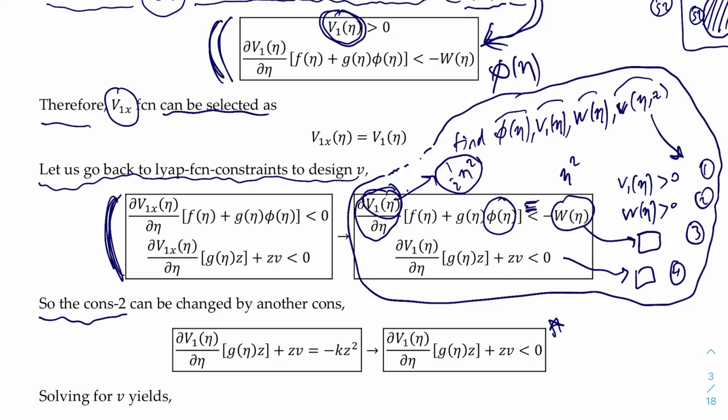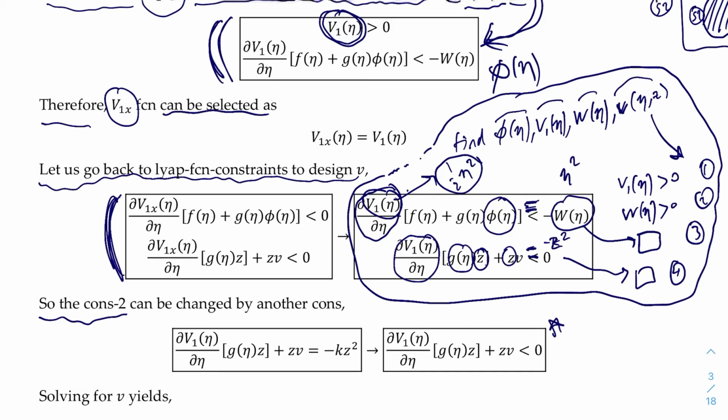Okay. And again we can make it equal to minus k, and k is a positive number, or maybe just minus z square. And then, since we know that, we also know z, right?